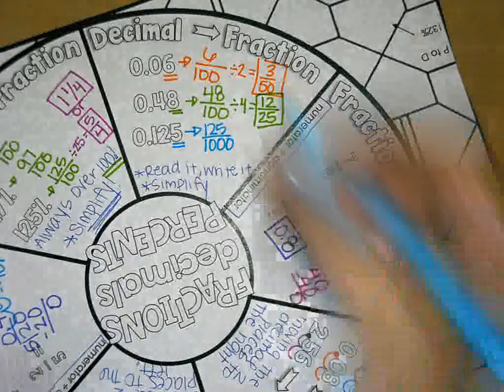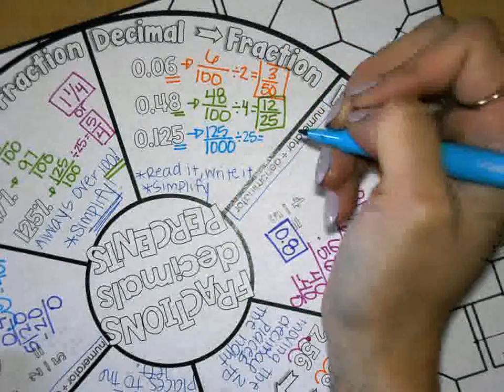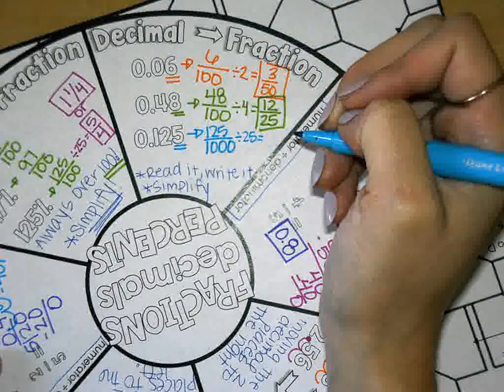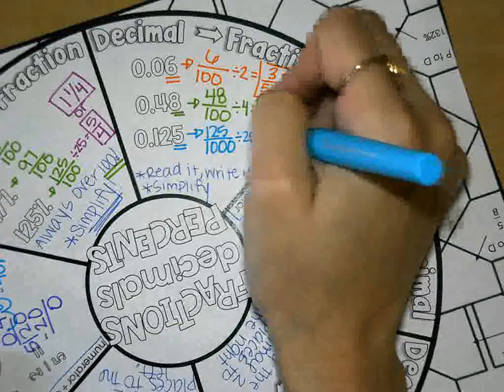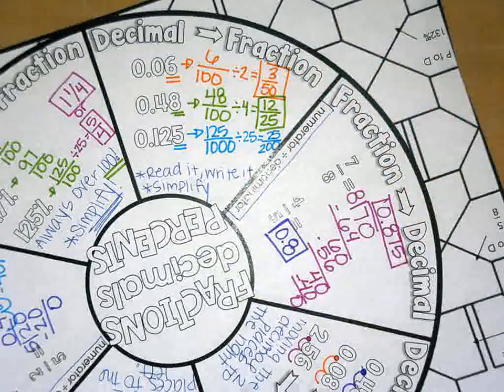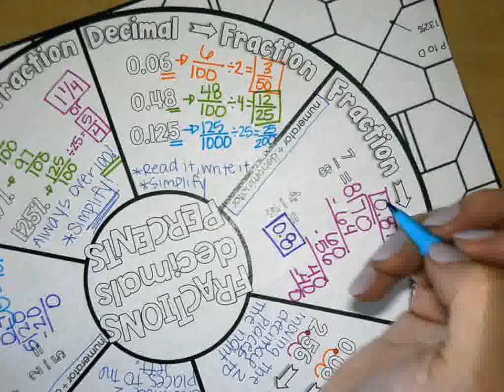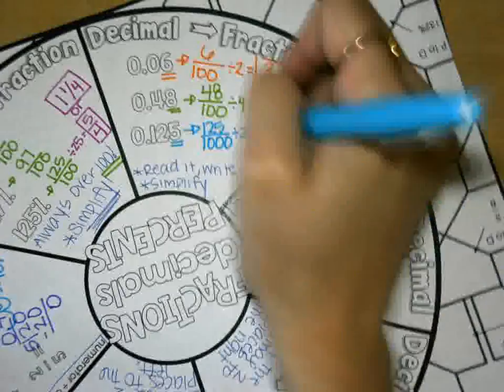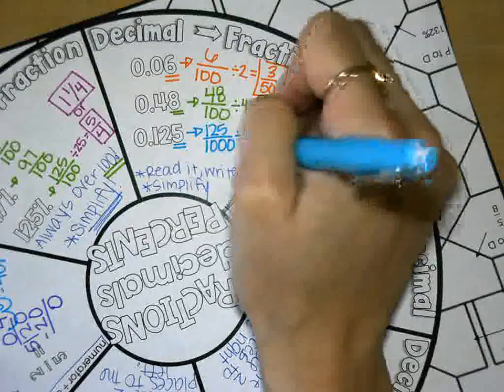If I'm doing 125 1,000ths, I'm dividing by 25. That gives me 25 over 200. Then I notice I still need to divide that out more. Oops, not 25, sorry, hold on.